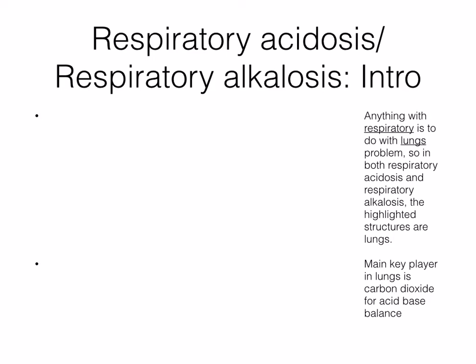Now, kidneys are slow to compensate, as I said, but they do a good job. Kidneys cannot blow off carbon dioxide. Lungs can blow off carbon dioxide. So the structure which can blow off carbon dioxide is the lungs.